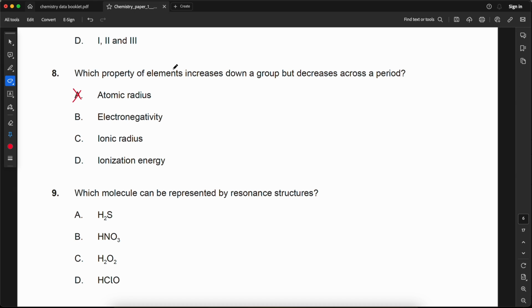And for electronegativity, because the atomic radius decreases, the attraction is stronger, therefore the electronegativity will increase. And for the ionization energy, because the attraction is stronger as the atomic radius decreases, it will be harder to remove the electron, therefore the ionization energy across a period will increase.